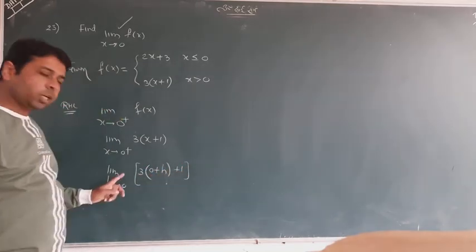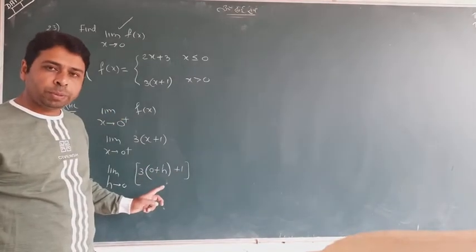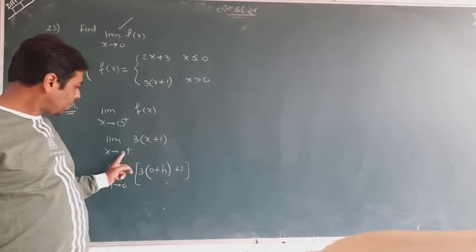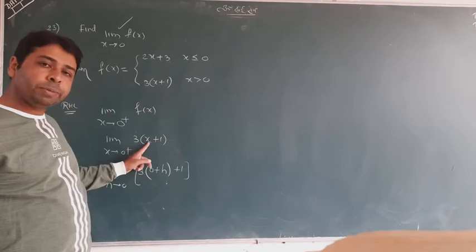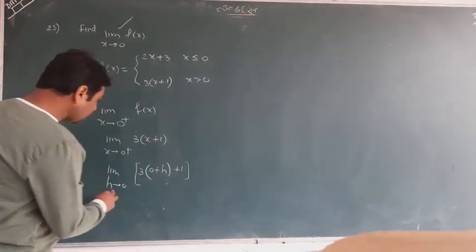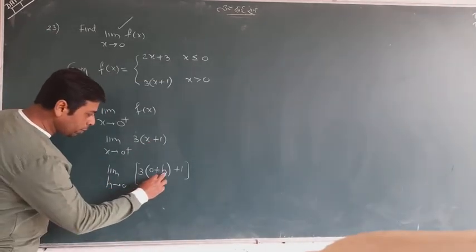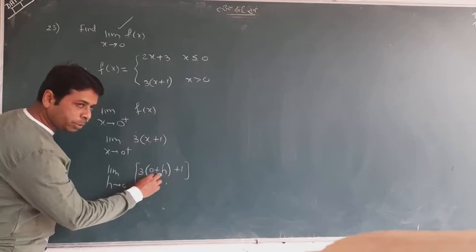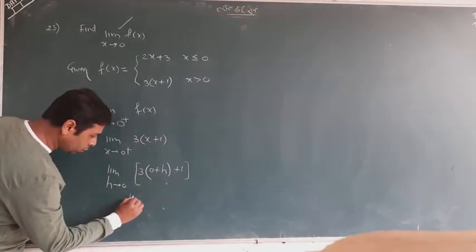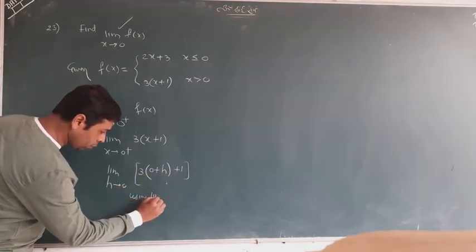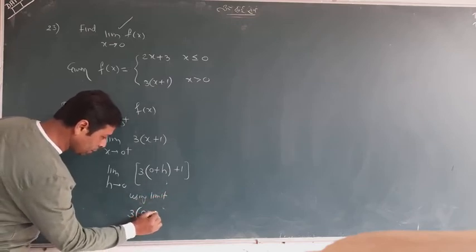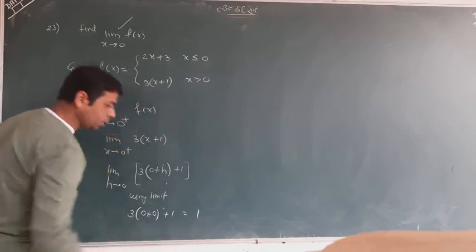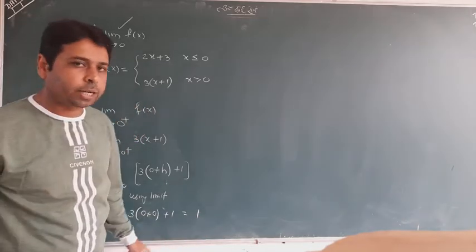You know this shortcut from previous lectures. It is written as h tends to 0, and 0 plus h is x. Lastly, when h tends to 0, 0 plus 0 is 0, so the answer is 3 into 0 plus 0 plus 1, which is 1. That is the value of the right hand limit.